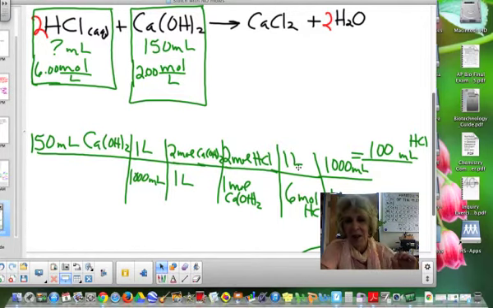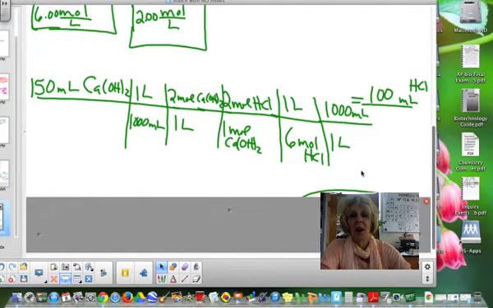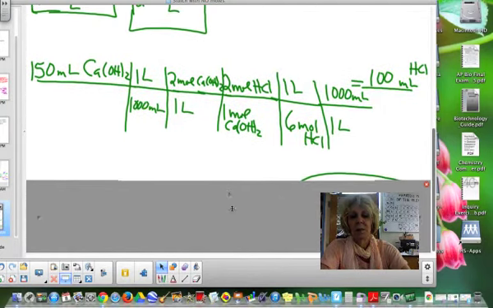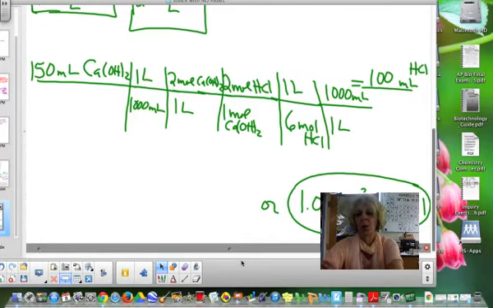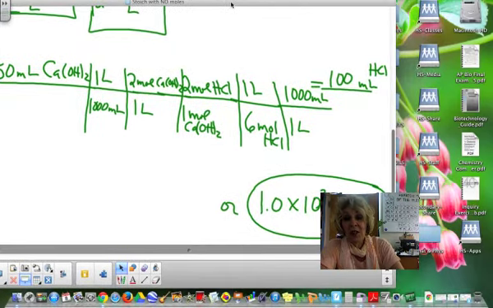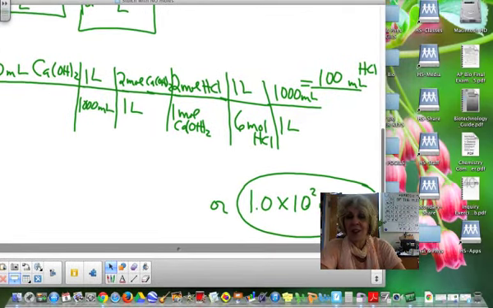I'm close to the end of my problem because I need milliliters, and so I just convert liters to milliliters. And so my answer, it looks like I've got 2 sig figs. And so my answer is 100 milliliters, or to be precise, 1.0 times 10 to the 2 milliliters of hydrochloric acid. So stoichiometry can be challenging. Hope that was helpful. I'll see you in class.